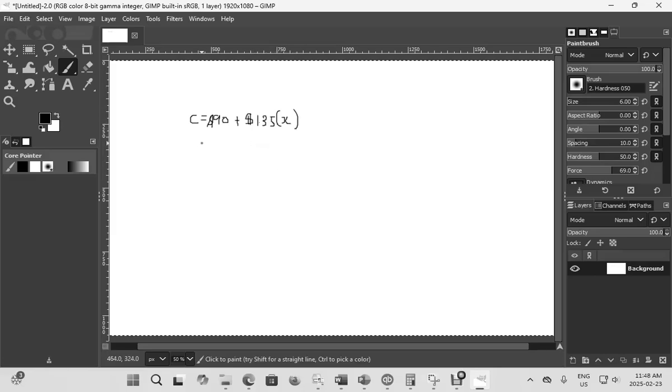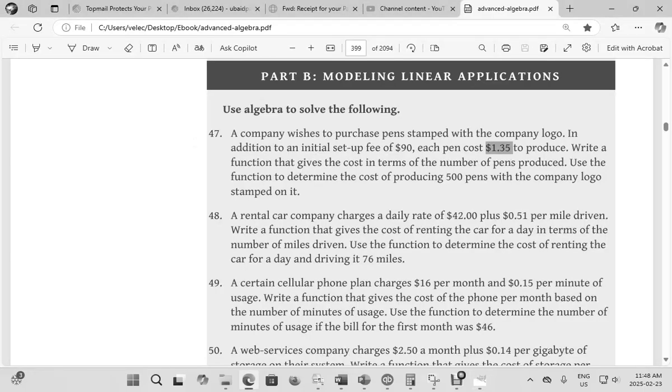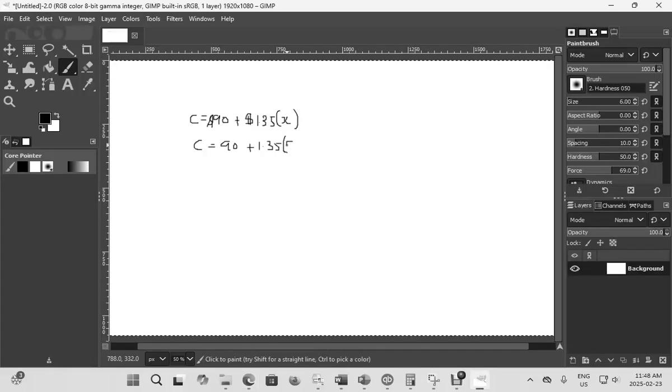So we know that C equals 90 plus 1.35 into X. Now X is the total number of pens, which is 500. They want to figure out the price of manufacturing 500 pens. So C equals 90 plus 1.35 into 500.